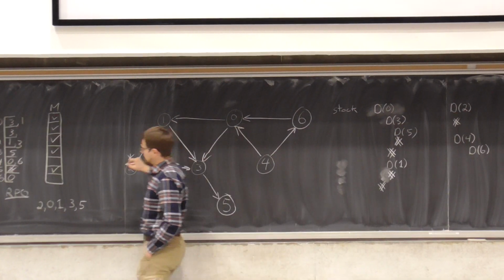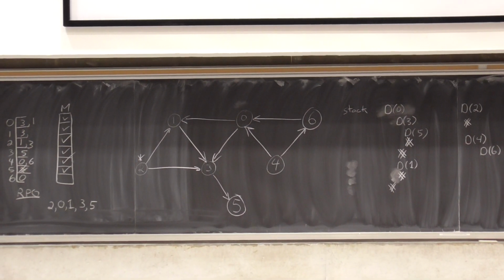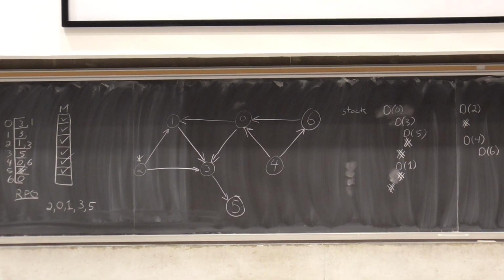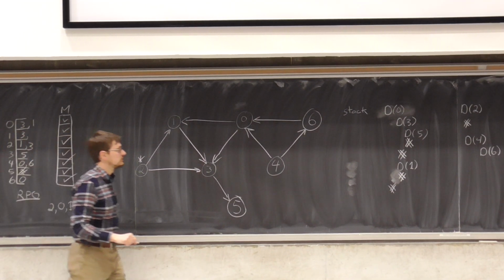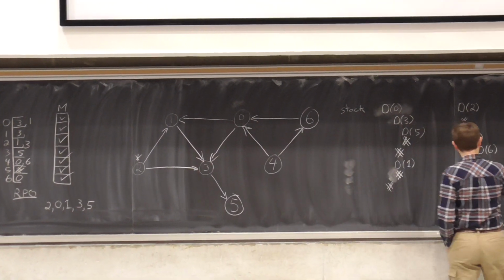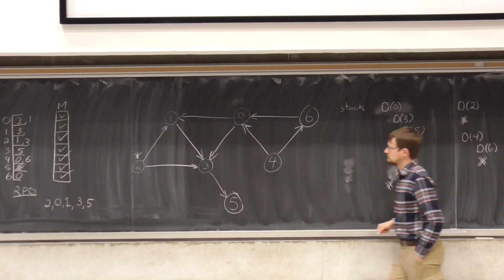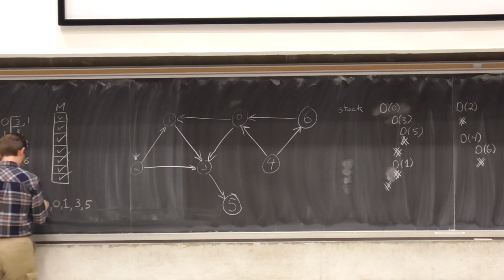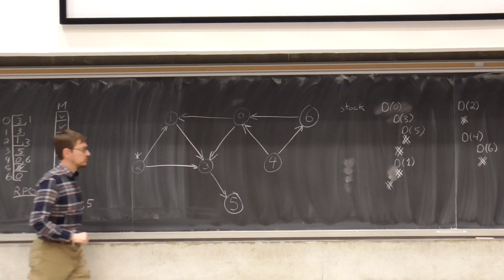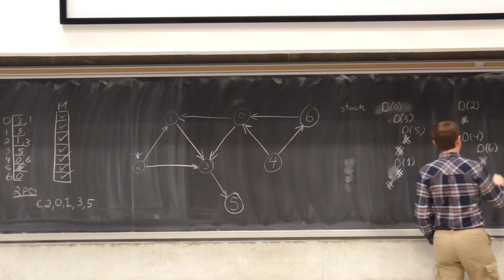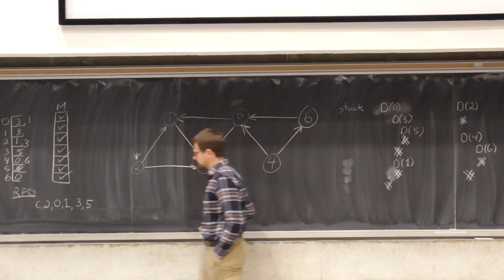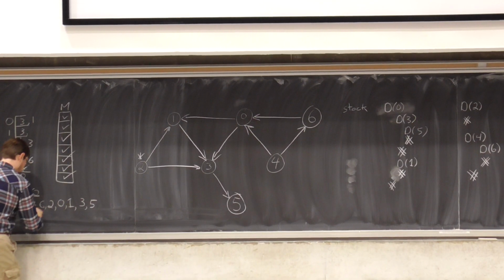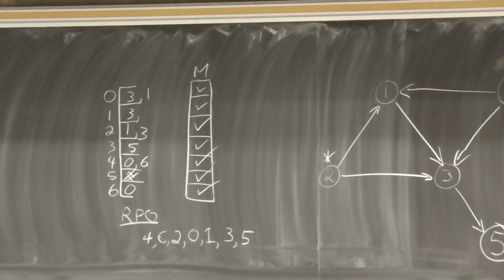We check off 4. 6 has no unprocessed children, so we check it off, terminate it, and add it to the reverse post order list. And then terminate 4 because it has no additional children. There we go. Add that to the reverse post order list.